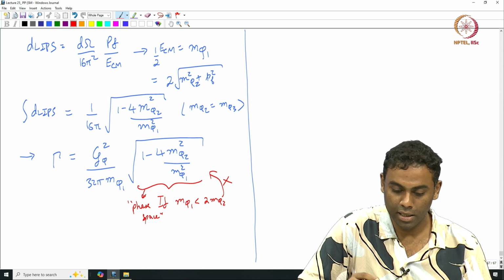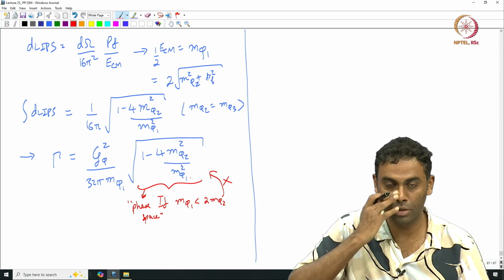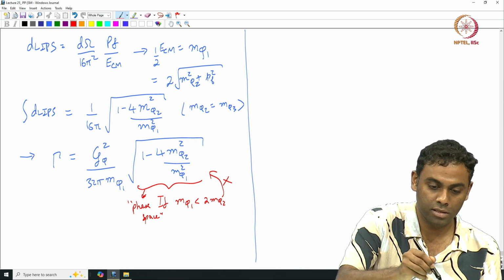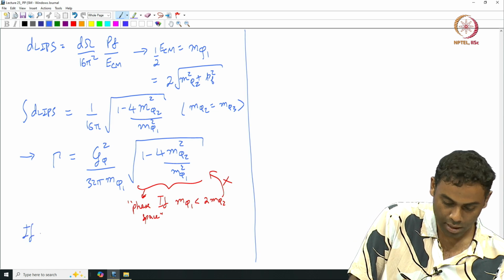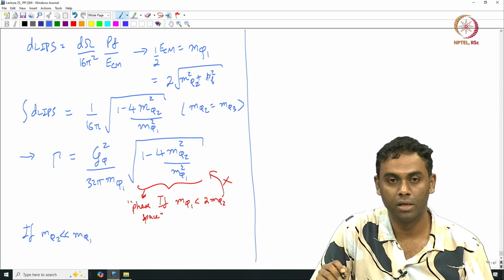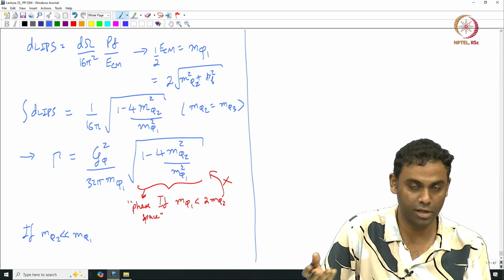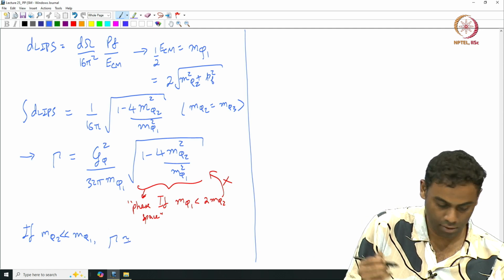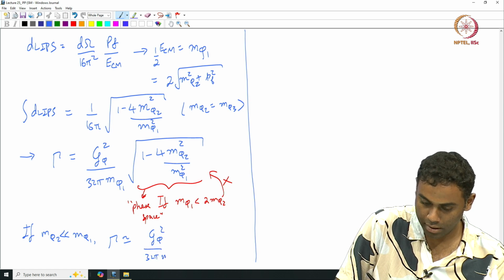And it shows that if m phi 2, the daughter mass, is very close to the mother's mass, then the decay rate is going to be suppressed, right. Whereas if m phi 2 is much smaller than m phi 1, that is if the daughter mass is negligible compared to the mother, if the daughter is almost massless, or even if it is literally massless, right, then you get g phi squared over 32 pi m phi 1, that is it.